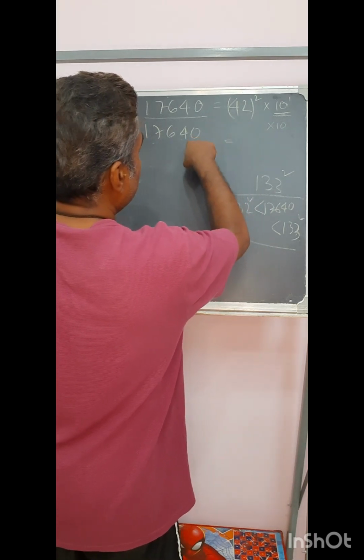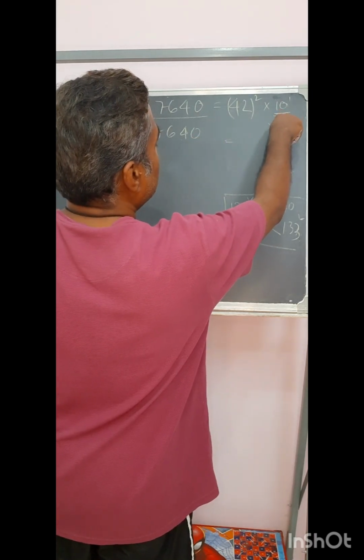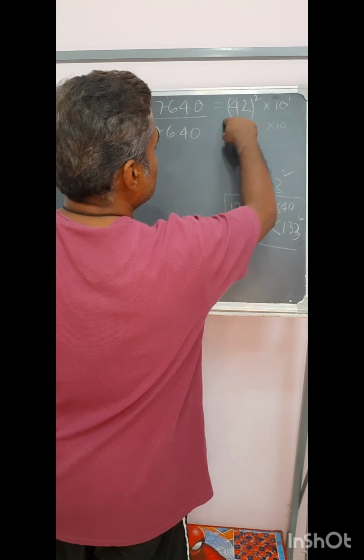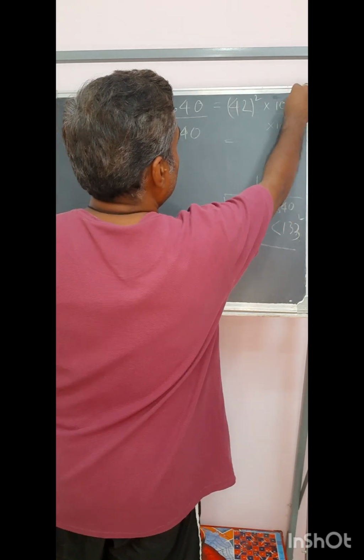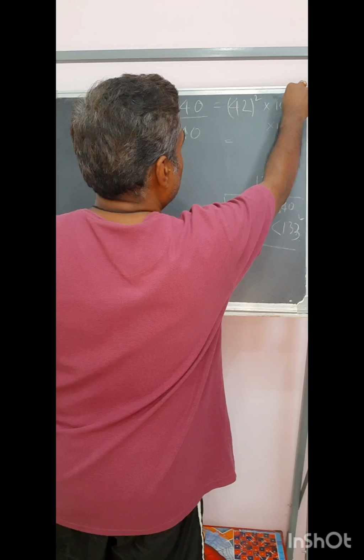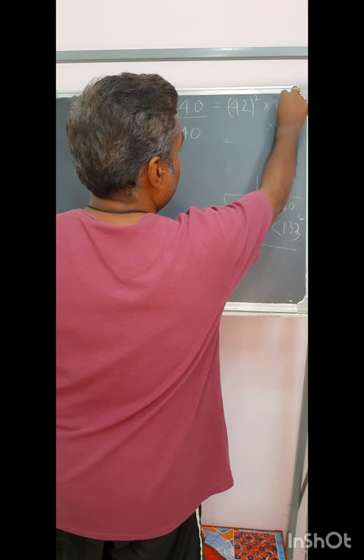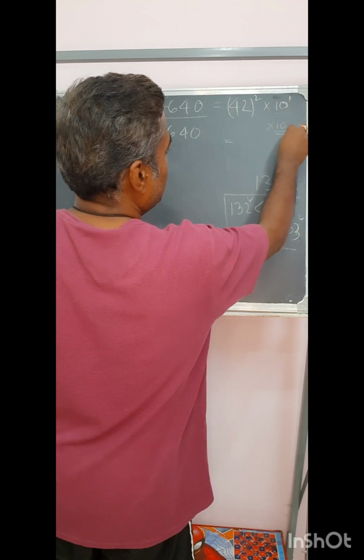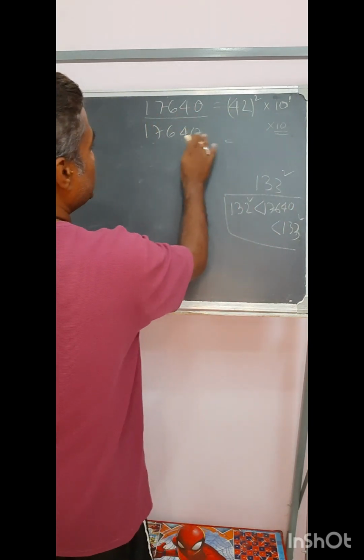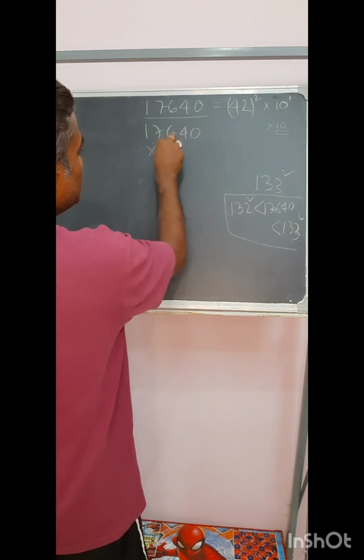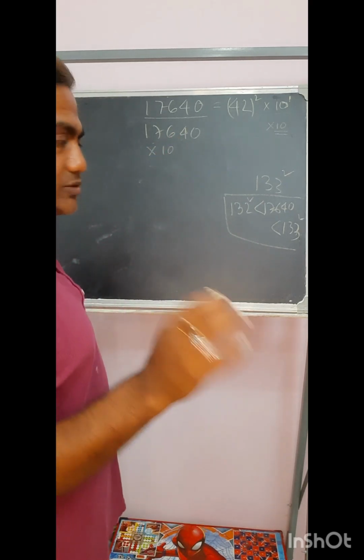That means the number 10 must be multiplied with this number, because this is remaining in this form. So to make it the even indices, the minimum number that has to be multiplied is 10. So in case of multiplication, this number has to be multiplied with 10 to make it a perfect square.